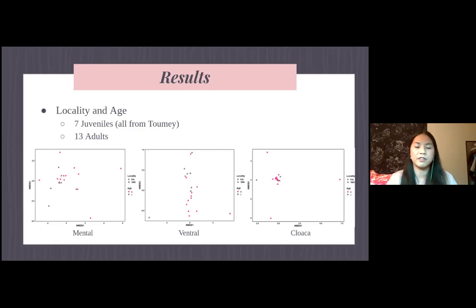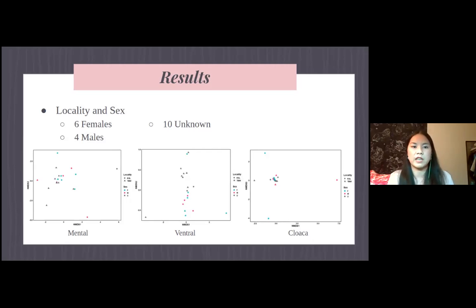So in the future we want to go back to Toohey and try to get more adult salamanders, because this juvenile number might be affecting the age significance or non-significance in this case, as well as the locality significance. We want to see, by comparing adults from Rose Lake and adults from Toohey Woodlot, if this trend still holds where locality is the driving factor in what's making those volatile compound profiles different.